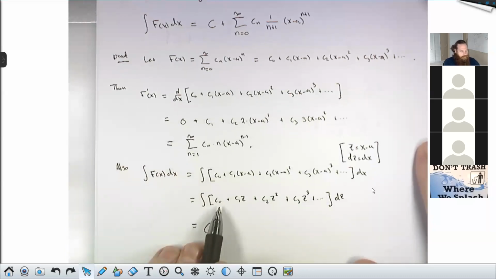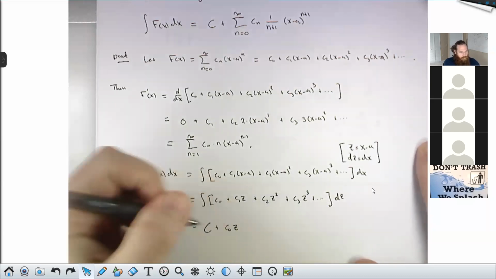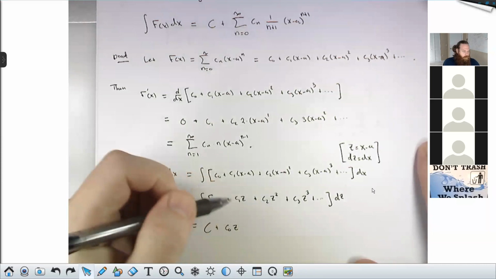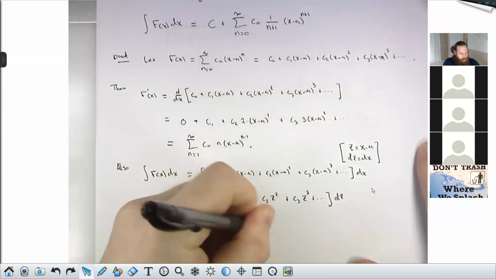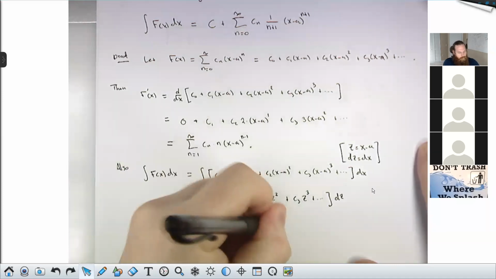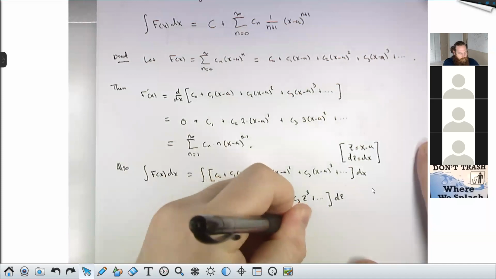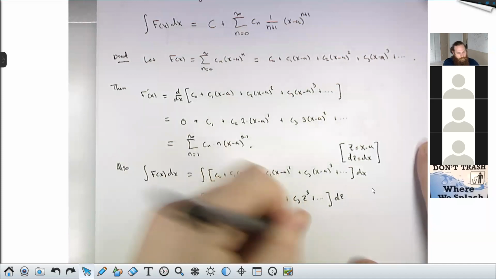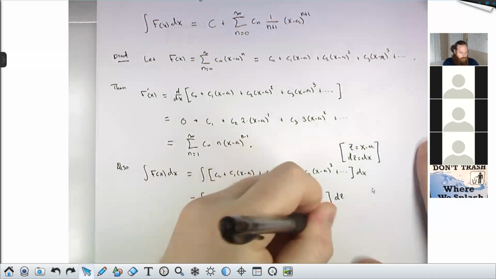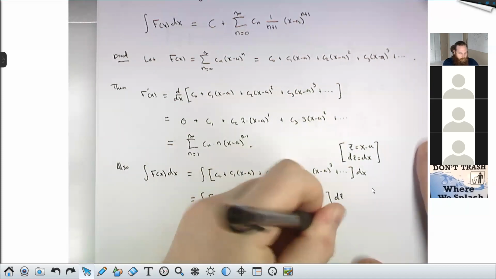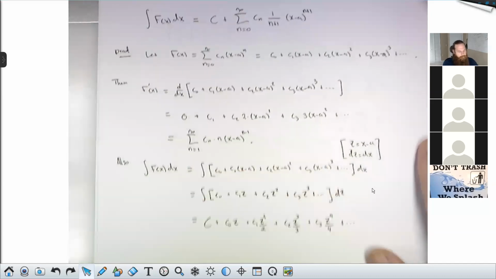The integral of C0 dz is C0z. The integral of C1z is C1z squared over 2, plus the integral of C2z squared is C2z cubed over 3, plus the integral of C3z cubed is C3z to the 4 over 4 and so on.